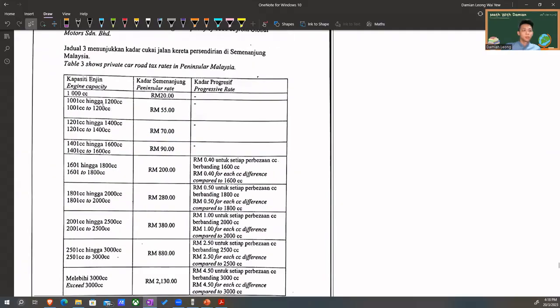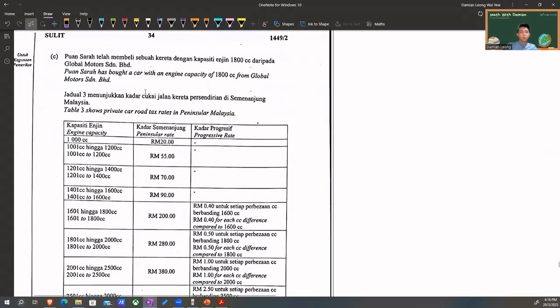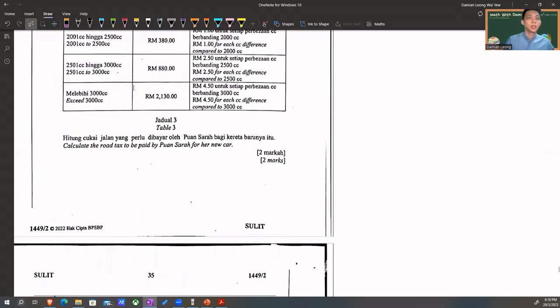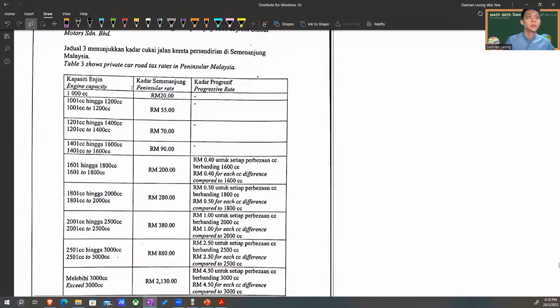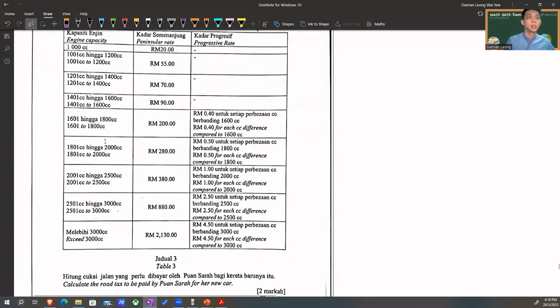Part C. So I have a table for road tax rates. I want the road tax paid by Puan Sarah for the new car. Her new car is 1,800 cc.